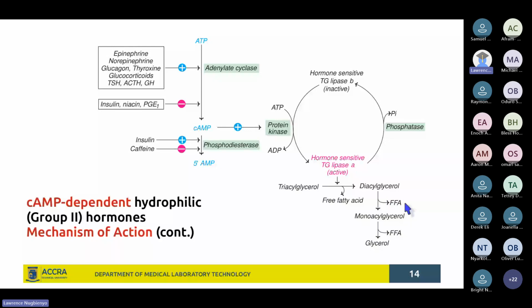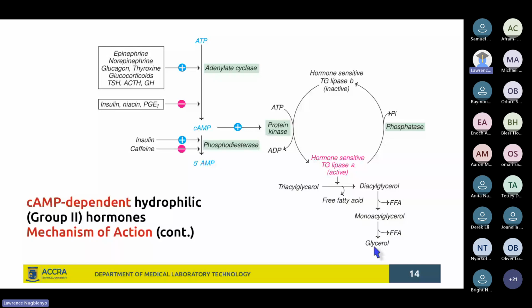You are left with a monoacylglycerol. Then monoacylglycerol lipase will hydrolyze off the last free fatty acid, and you are left with just the glycerol molecule. So what you are seeing is the process of lipolysis.